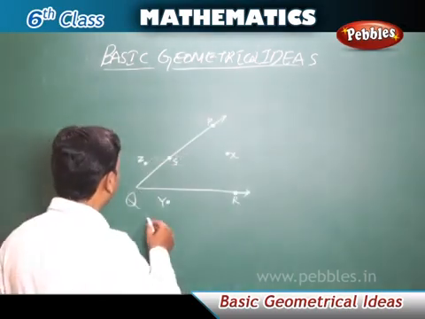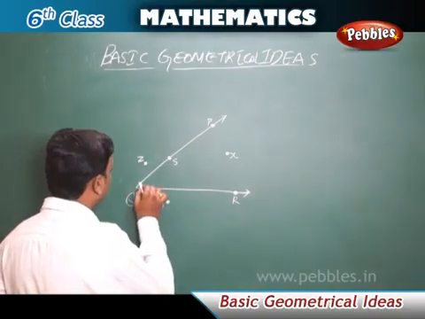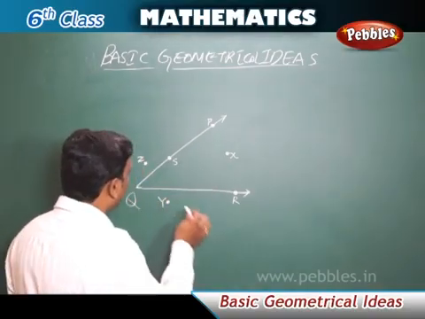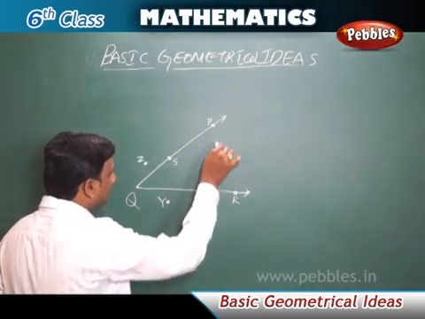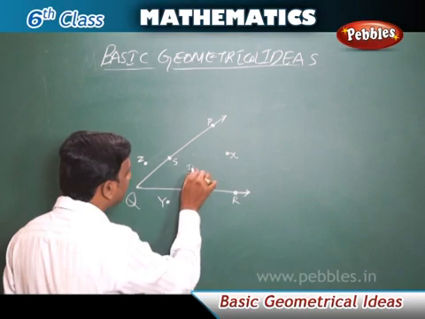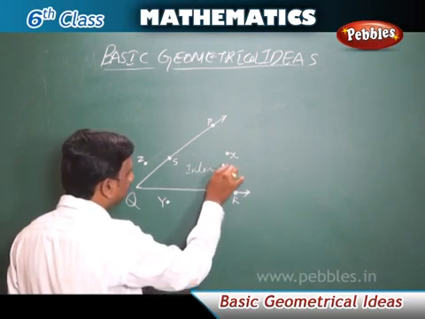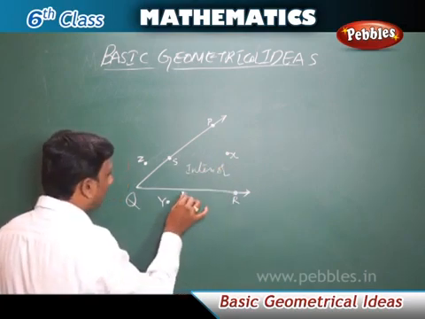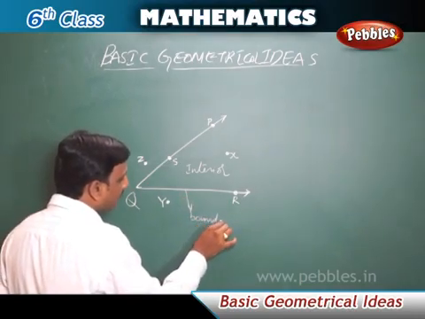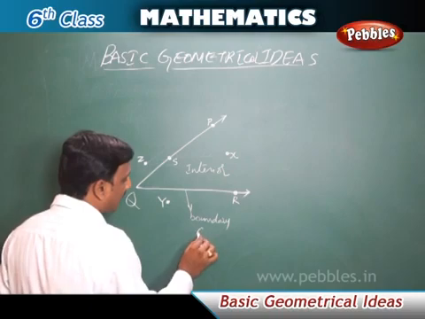Now let us see an angle QPR. So here there are certain points marked. The area that lies between these two rays is called interior of the angle. Interior, and this is called boundary of angle.